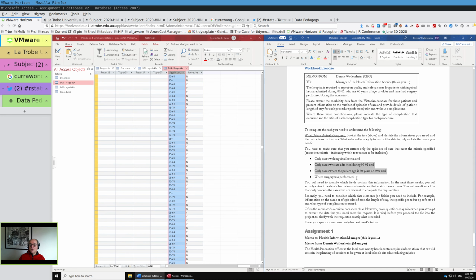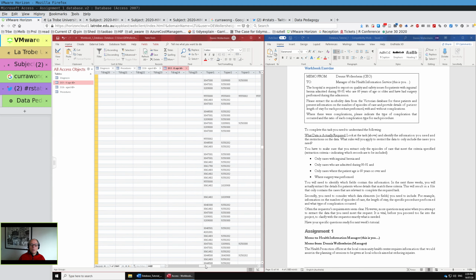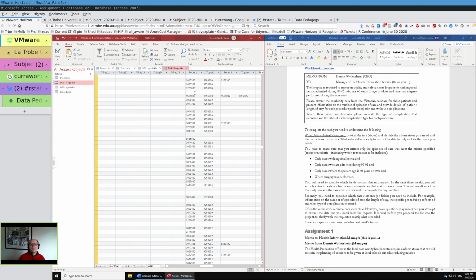But we can imagine that was the other thing. Cases where surgery was performed. Well, how do we know if surgery was performed? Where is the information about operations? Well, procedures. There it is. This TOPR1. So if there's a code there, something happened. I think that's what we're going to say. So that's the criteria.